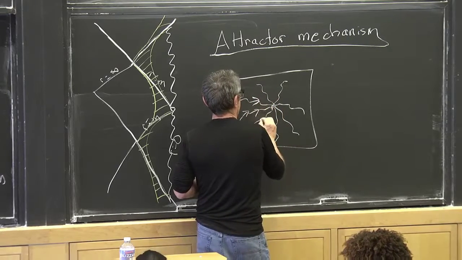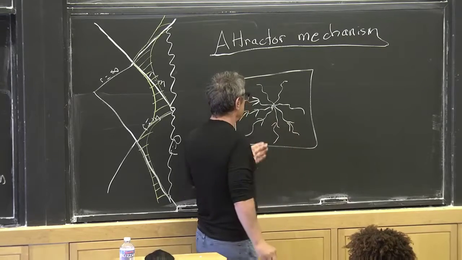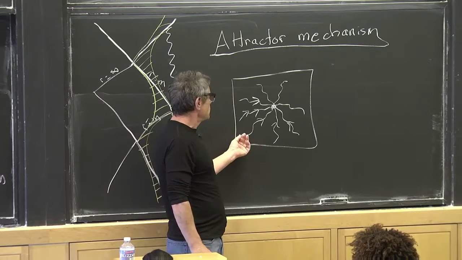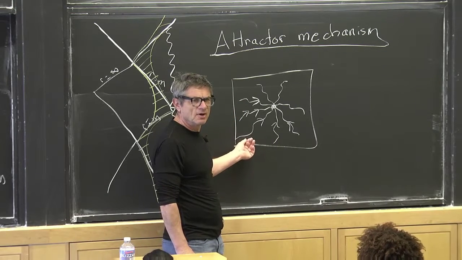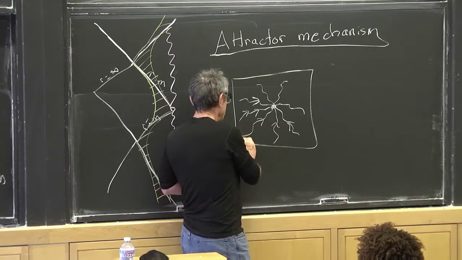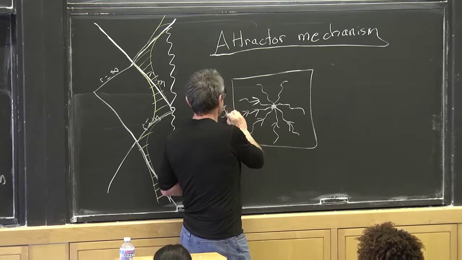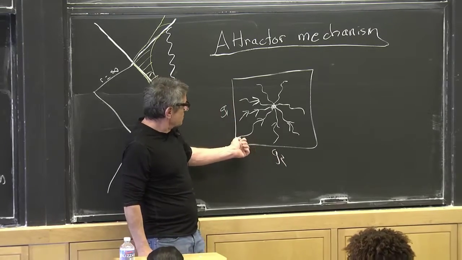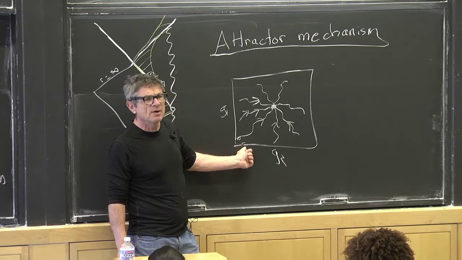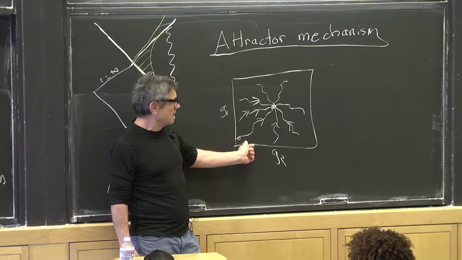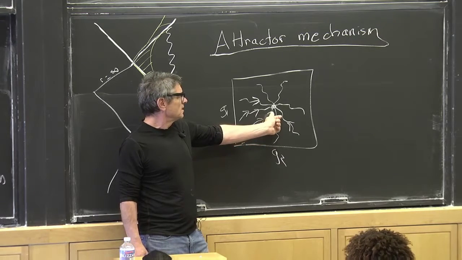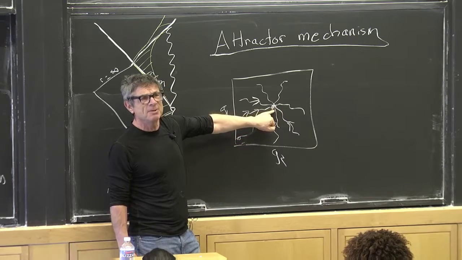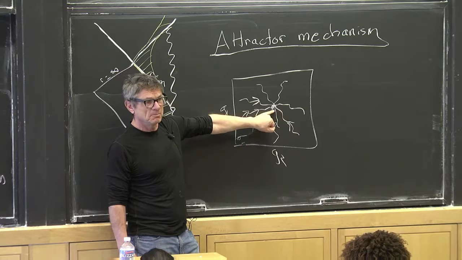And the statement about the fixed point is that if you change where you start from, so this is some kind of parameter space, coupling constant space, you change the initial conditions by a little bit, and the change in what happens as you approach the fixed point gets very, very small, and you certainly end up at exactly the same place here.